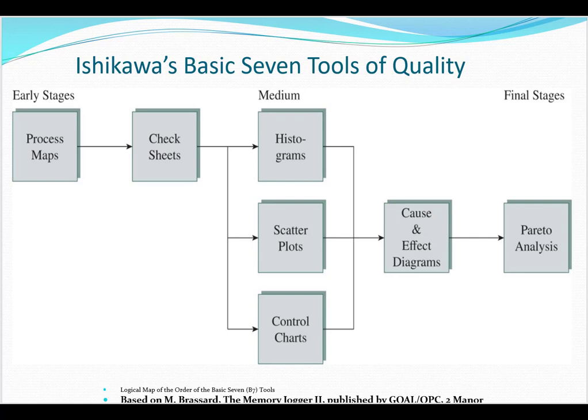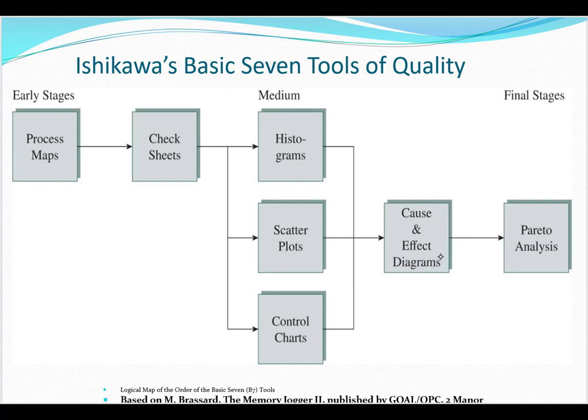But this flowchart gives us the sequence of how any of these tools could be used. So in the early stages, you do want to have a process map, and then from there you will do some check sheet where you can identify the sources of error or defect, and then you can use either histograms, scatter diagrams, scatter plots, or control charts to be able to control and manage the process.